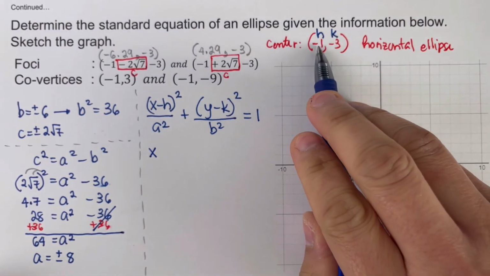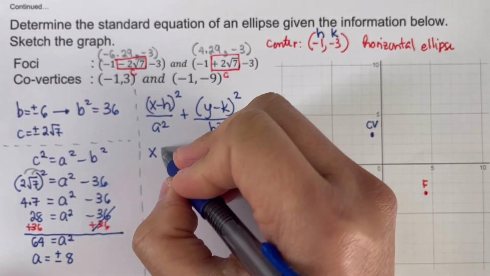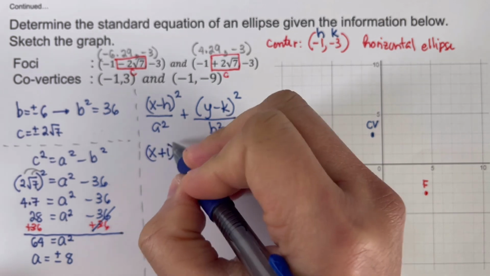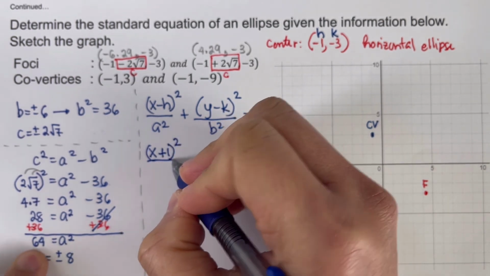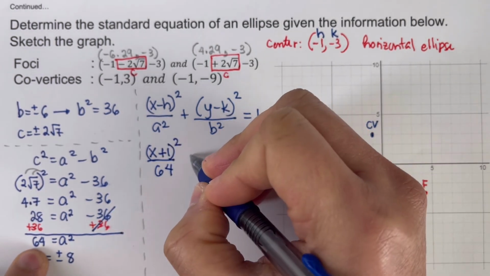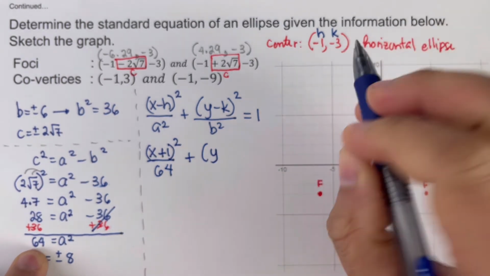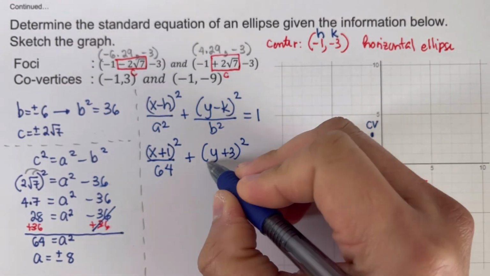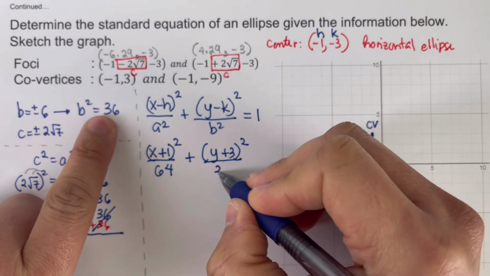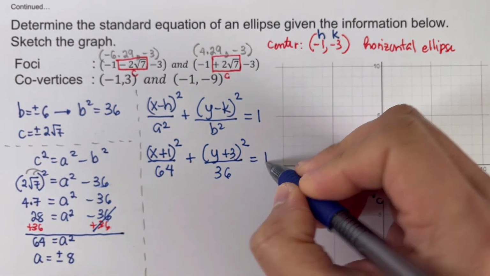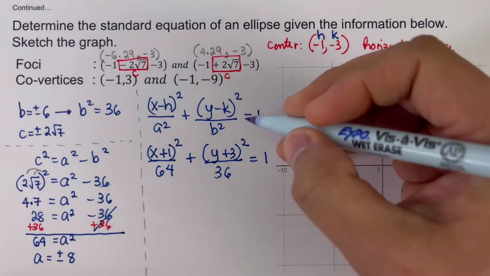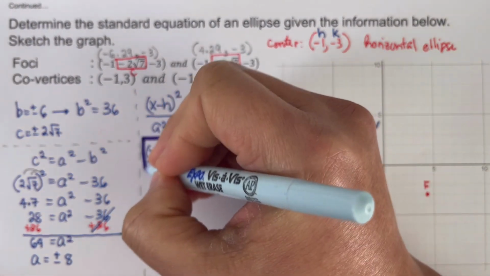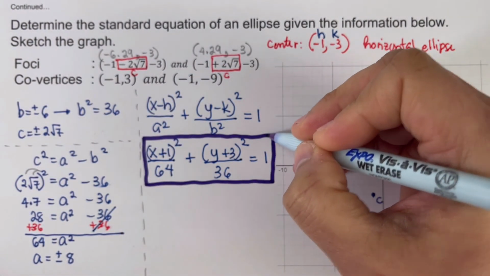Remember, this is switched. That's a minus 1, so that's a plus 1 squared over our a squared, which is 64, plus that's going to be y. We switch, so this becomes a plus 3 squared over the b squared, which is 36, equals 1. This is the equation for this problem that we have up there.